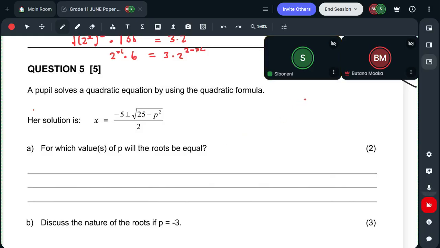So we said that if the discriminant is greater than or equal to 0, the roots are real, right? Yes. And then if the discriminant is less than 0, this will be non-real. This one, the discriminant will be 0. Then we're going to have equal roots.